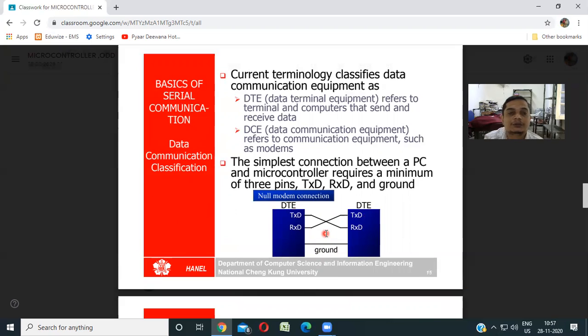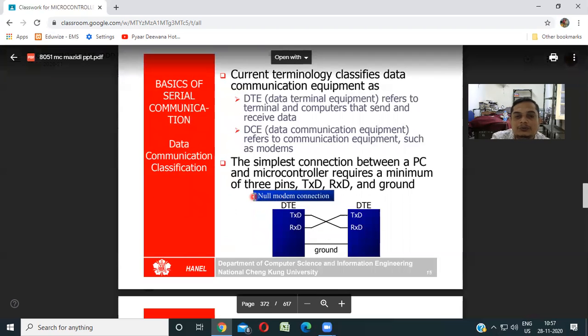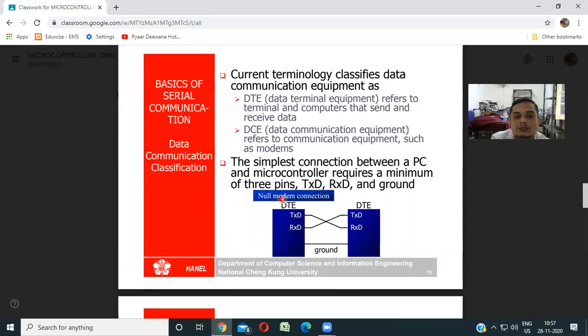This type of connection between the PC and a microcontroller requires a minimum of 3 pins. Here you can see the simplest figure. This simplest figure is called a null modem connection.